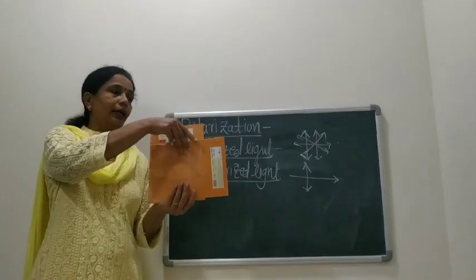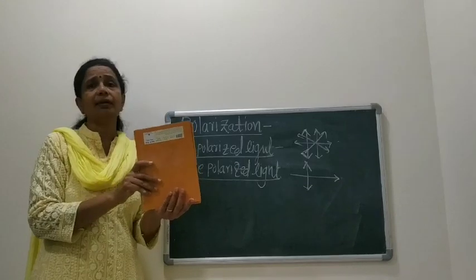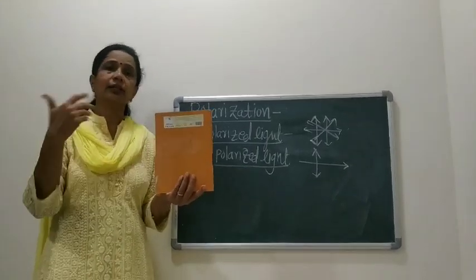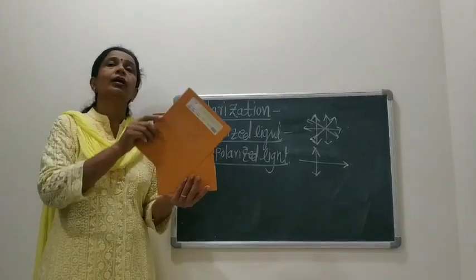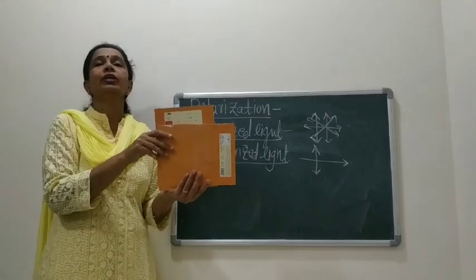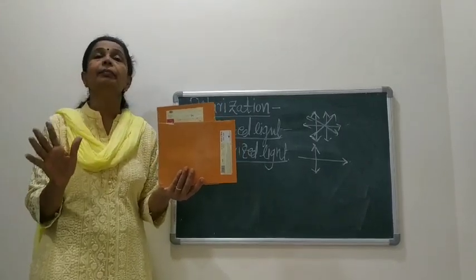Okay, if the axes are parallel to each other, then the intensity is maximum. If the axes are perpendicular to each other, then the intensity is the minimum.